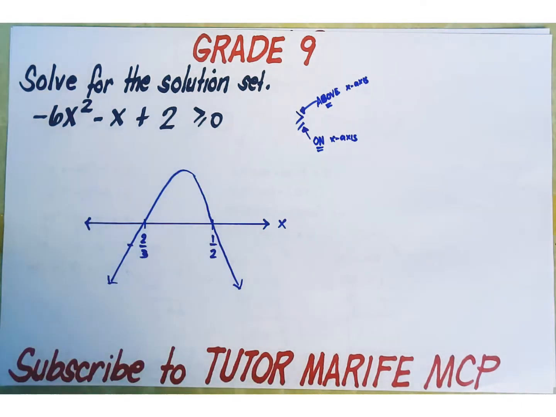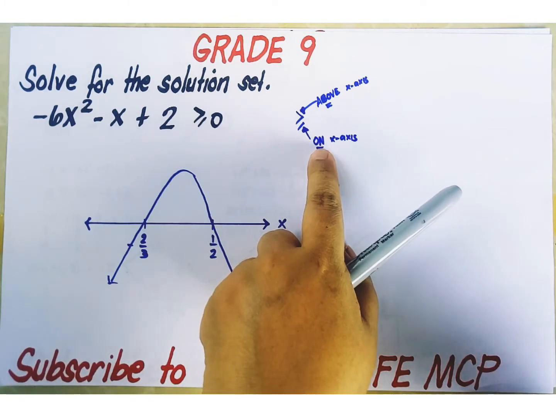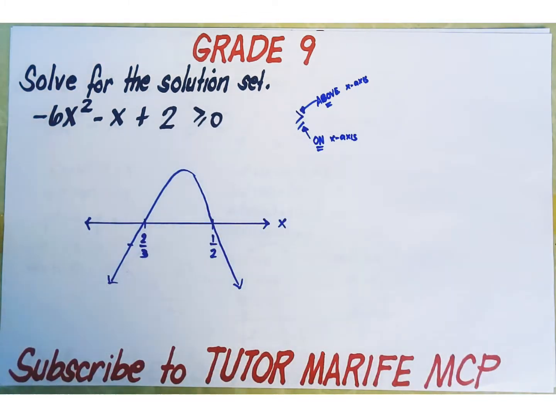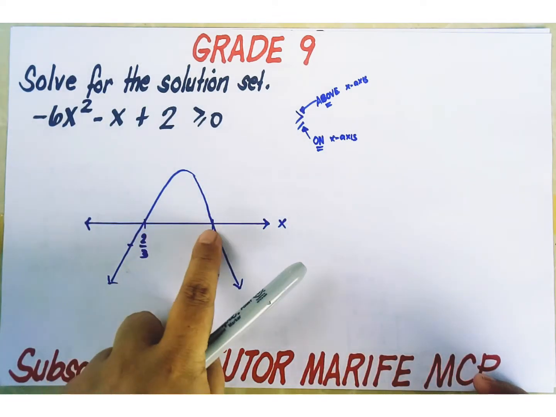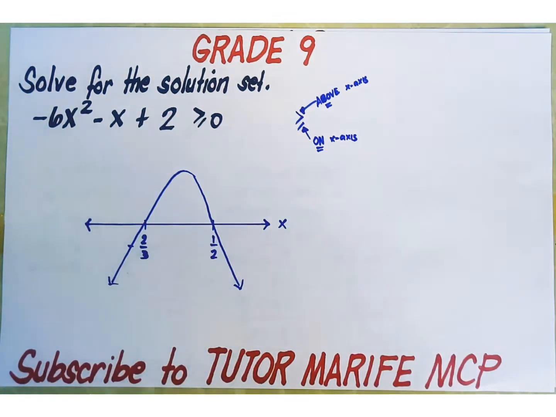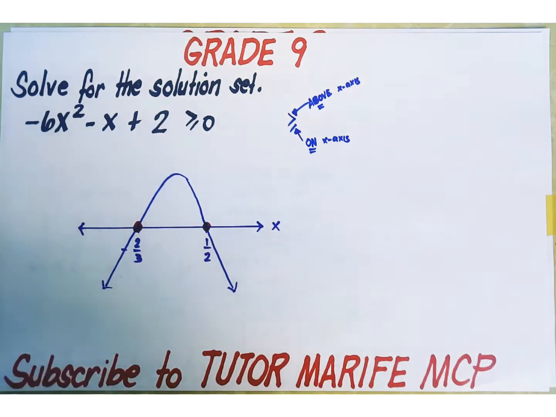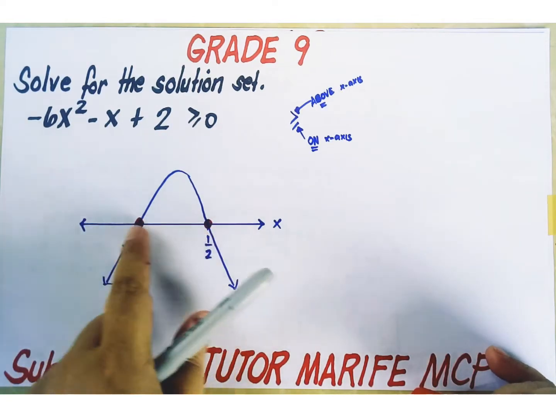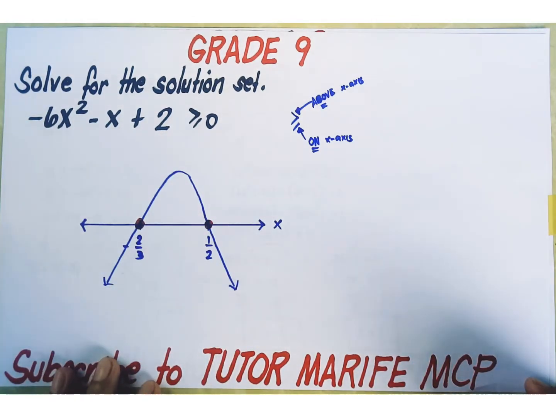Let's look at the graph. Let's start with points on the x-axis. Actually, the points on the x-axis are the x-intercepts of the parabola. So these 2 points are solutions of this given inequality.